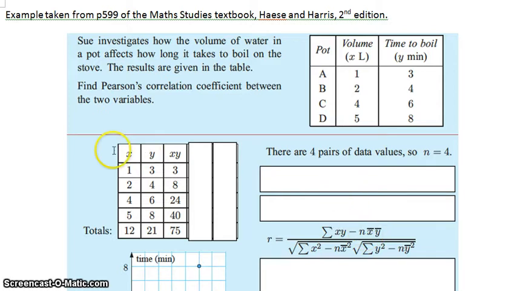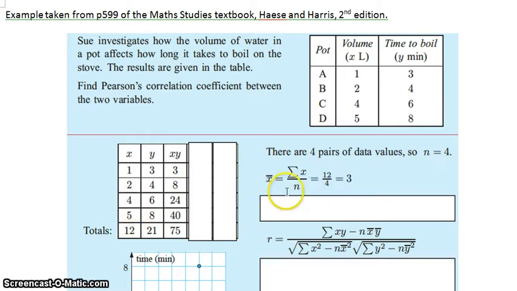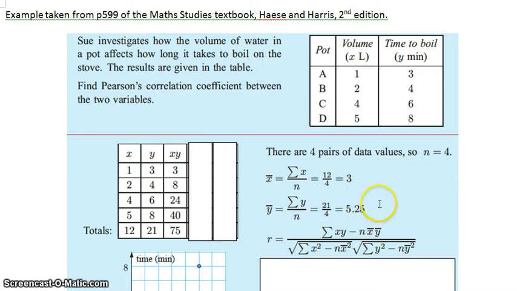We add them all together, which is what we've already done, and divide by 1, 2, 3, 4. So x bar is the sum of x divided by n, 12 over 4 is 3. Similarly, we've now got y bar, which is the mean of y, same thing. And you're now at that point there.